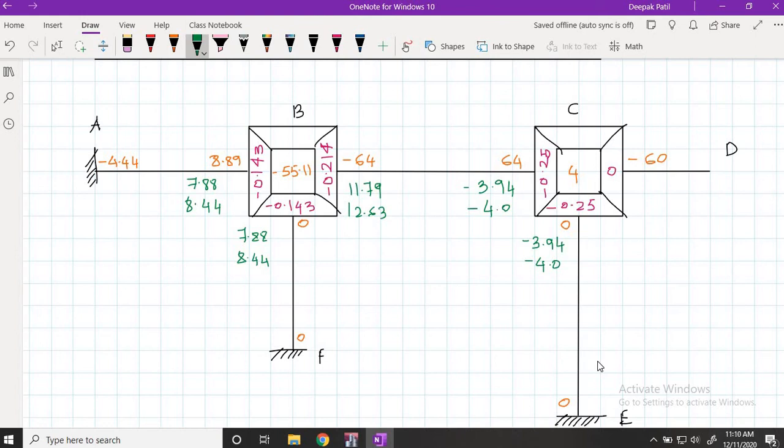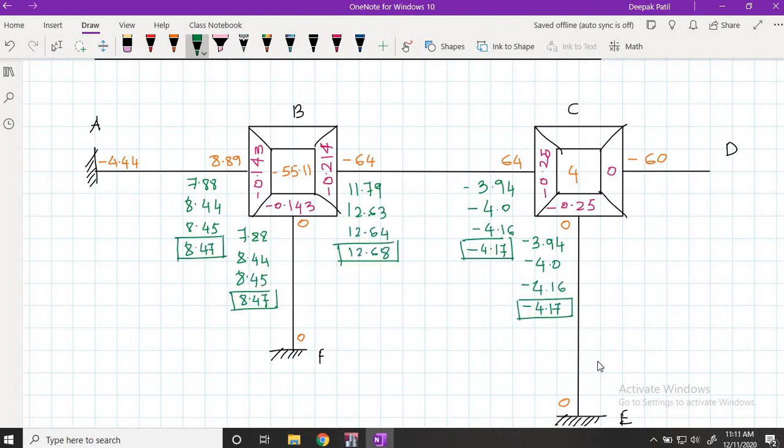So let me just write down the values which I have already calculated. Okay, I have written all the final rotation contributions, and the boxes indicate the final rotation contribution. You can see the previous cycle difference is not so much. Now you should be very careful. So which rotation contribution refers to which one? So let me just write down that.